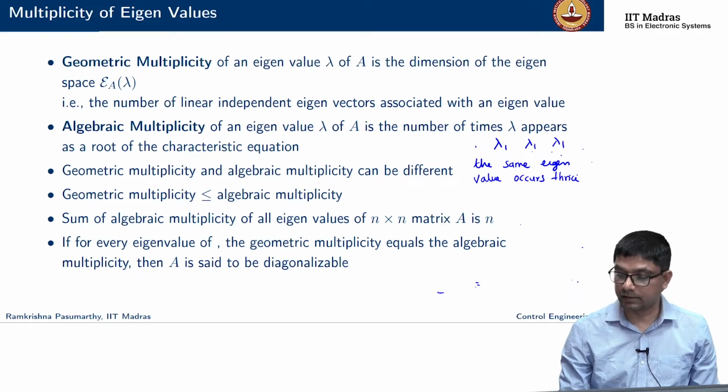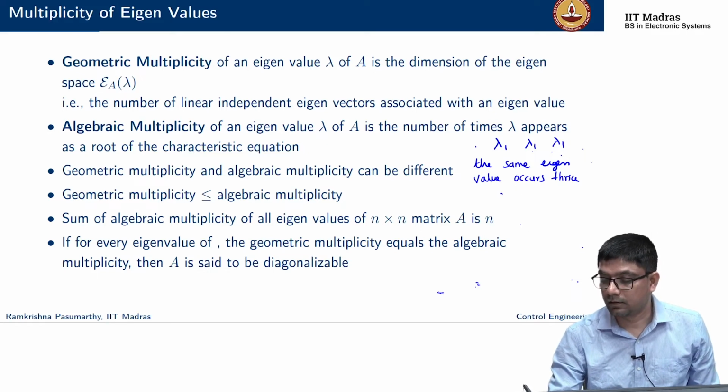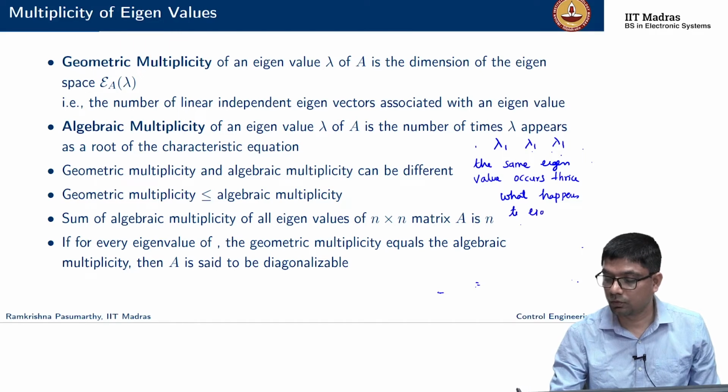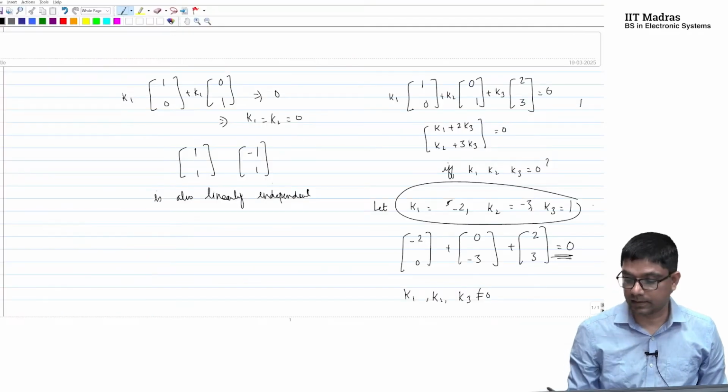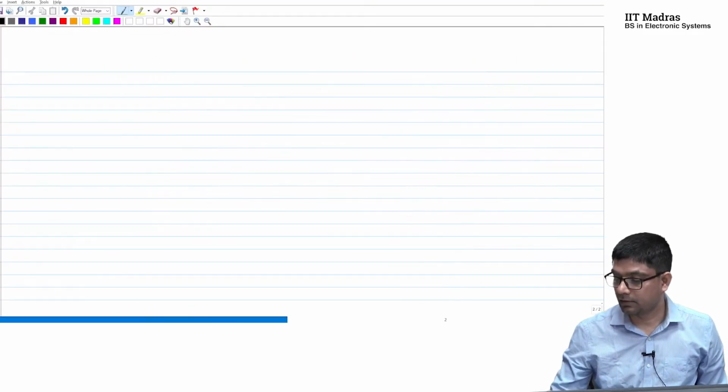Okay. In that case, what happens to the eigenvectors? Okay, let me do a very simple example and check what happens.